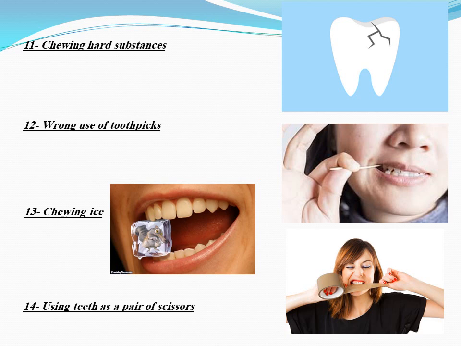Using teeth as a pair of scissors. The teeth are meant for different things, but certainly not to work for you like a pair of scissors. Don't use them to tear or cut things that are meant for scissors. It should be avoided at all costs.